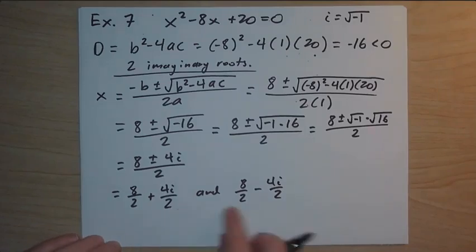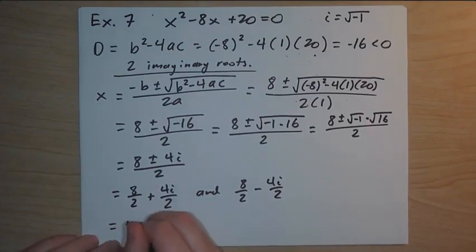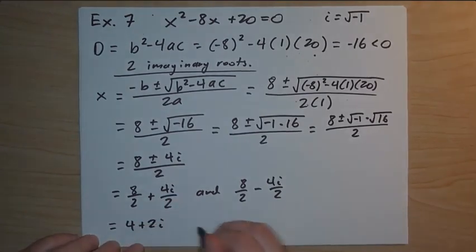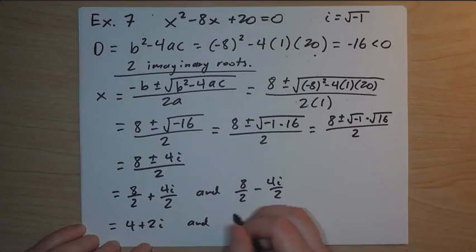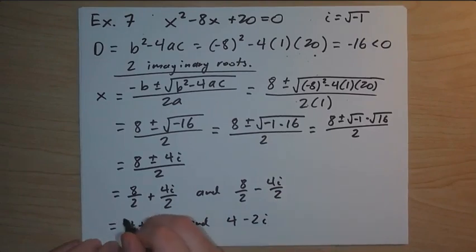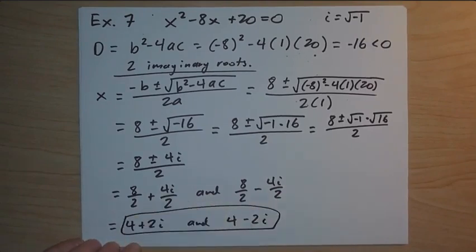And simplifying these fractions, 8 divided by 2 is 4, and then 4i divided by 2 is 2i. And 8 over 2 is 4, and then -4i over 2 is -2i. So these are our 2 imaginary roots.